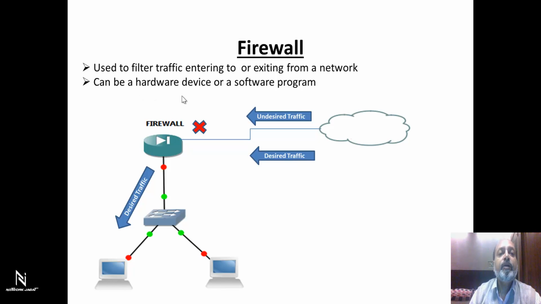And it can be a hardware device or a software program. This we already know, because if you are considering the hardware device, for example Cisco ASA, this is basically a dedicated box which entirely looks like any router or switch with certain ports and console ports and certain other data ports like the Fast Ethernet ports and Gigabit Ethernet ports and so on.